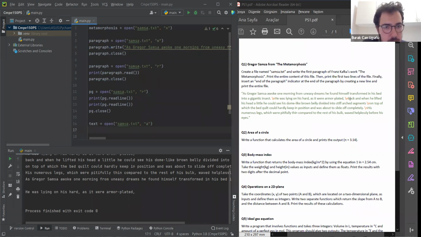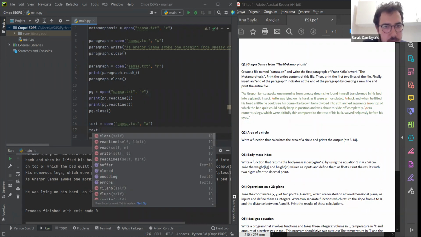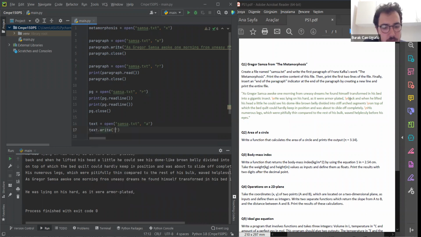So I am writing text dot write, end of the paragraph, and I can write it by creating a new line.